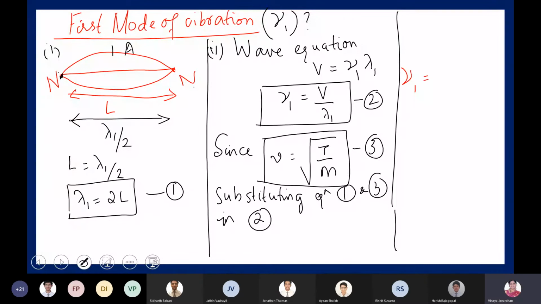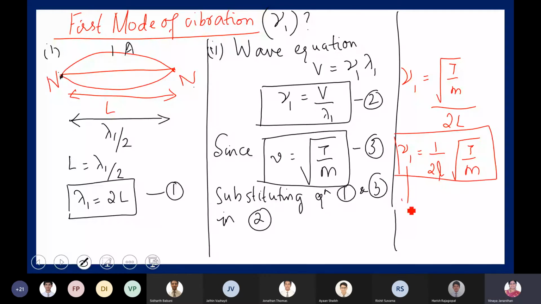Nu 1 is, what is v? V is root of T by m, correct, boys? Now what is lambda 1? 2L. So I can write nu 1 is equal to 1 by 2L root of T by m. Is that correct? And this frequency we call the fundamental frequency.